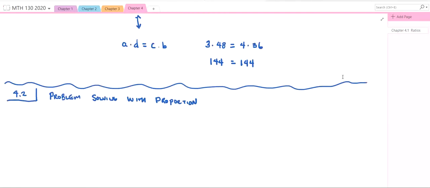Okay, let's look at section 4.2 and problem solving with ratios. So let's start out by talking about maybe a triangle here. This side is 3, this side is 4. So if I have a similar triangle, that means that I've just enlarged this triangle, but the proportions are the same.